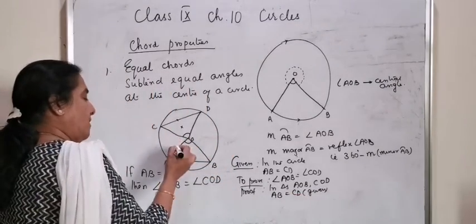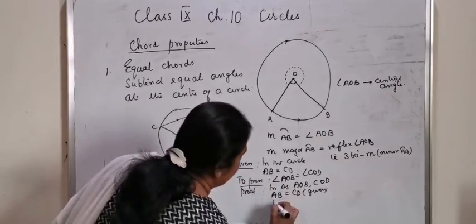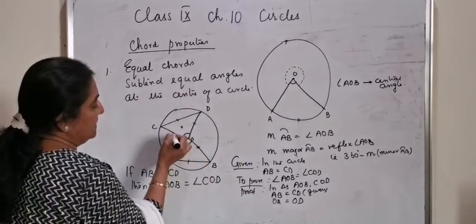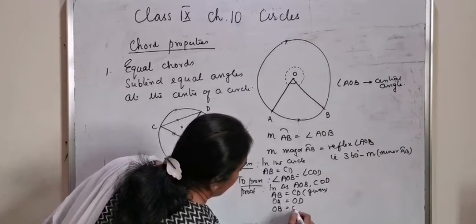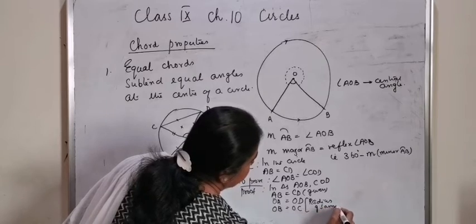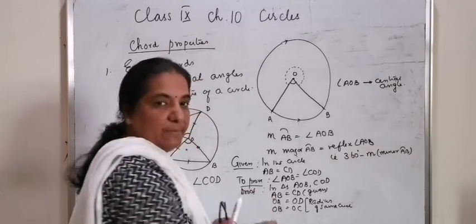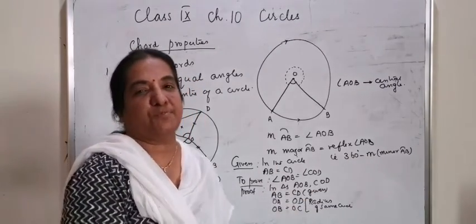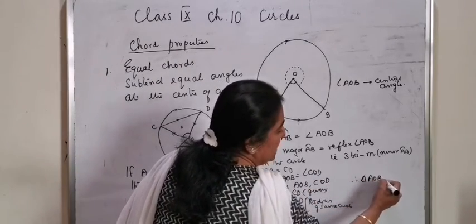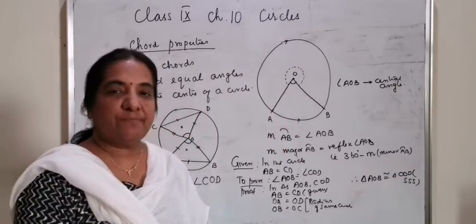Then OA is equal to OD, and OB is equal to OC. The reason is that they are radii of the same circle. Therefore, three measures of one triangle are equal to the corresponding parts of the other triangle, which shows that triangle AOB is congruent to triangle COD by SSS congruence.